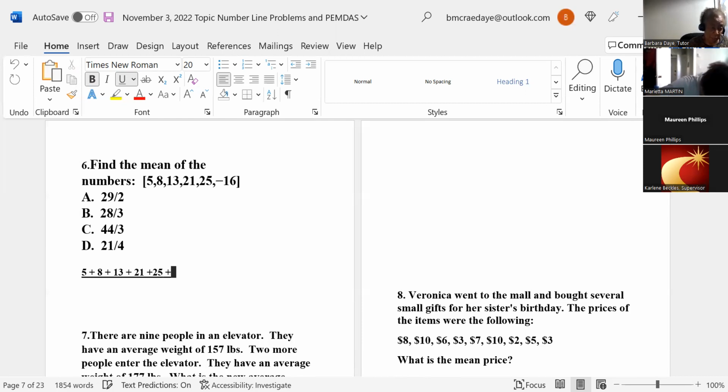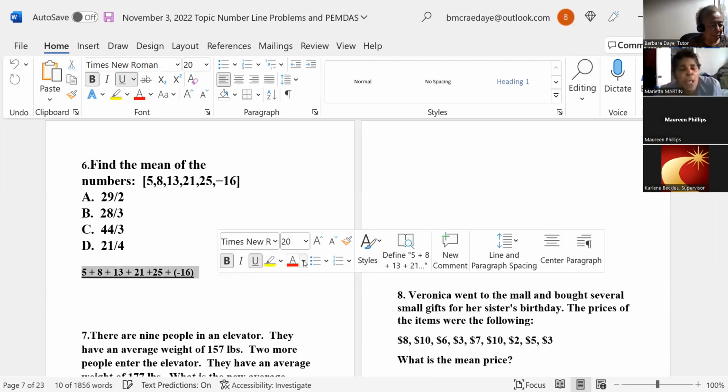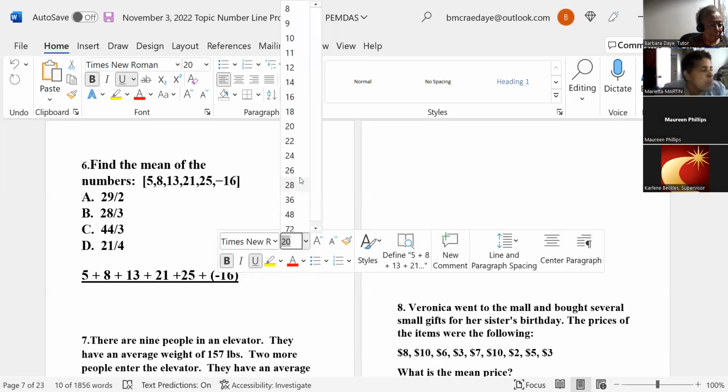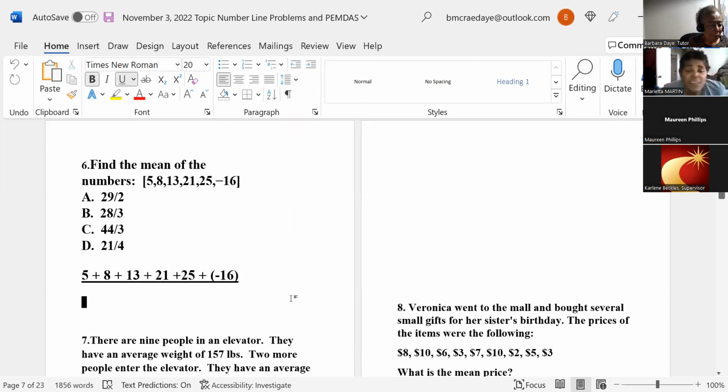And this is plus, that's a minus 16, right? Mm-hmm. And what do we divide that by, Marietta? It's the total of the items divided by the number of items. So what would this be divided by? 1, 2, 3, 4, 5, 6.